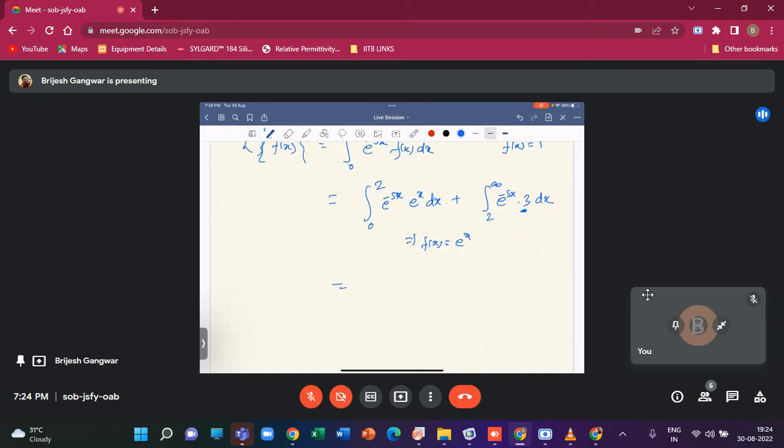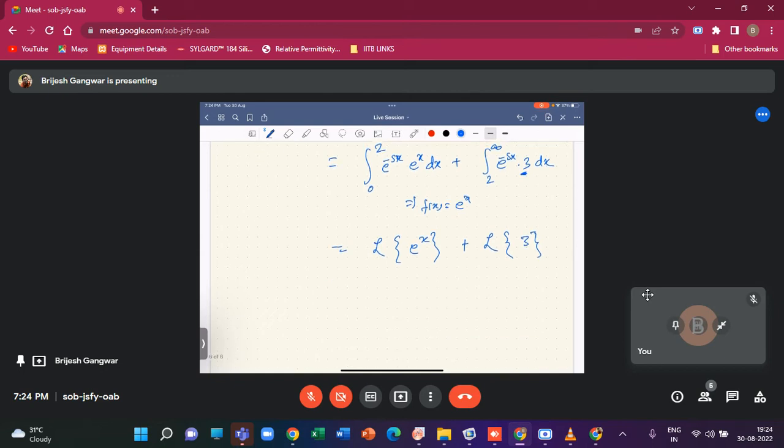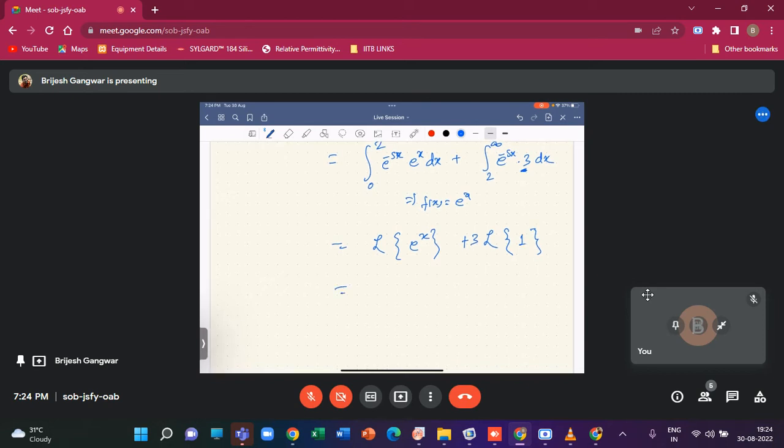So you can write the Laplace transform of e to the power x plus 3 times the Laplace transform of 1. We solve the Laplace transform of e to the power ax, so this will be 1 upon s minus 1, because a is 1 here, plus 3 upon s.